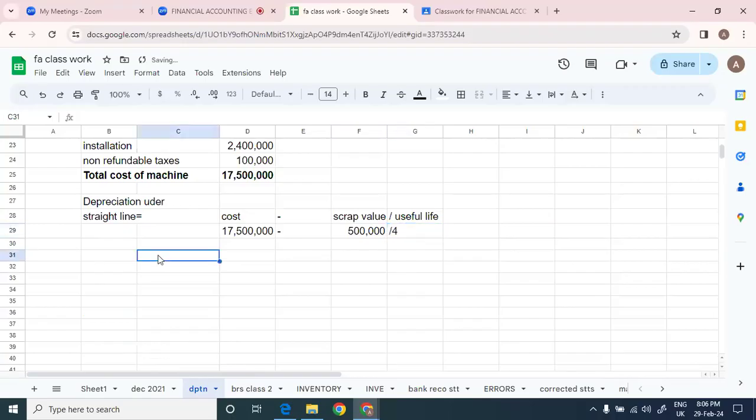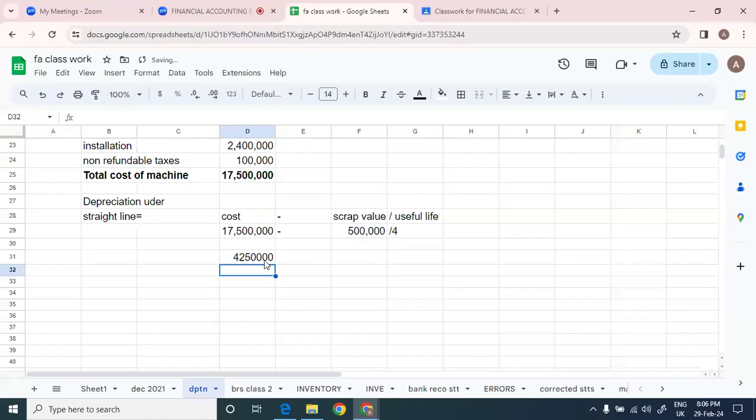Therefore, my depreciation will be equals to 17 minus this, you can put them in brackets, divided by 4 years.